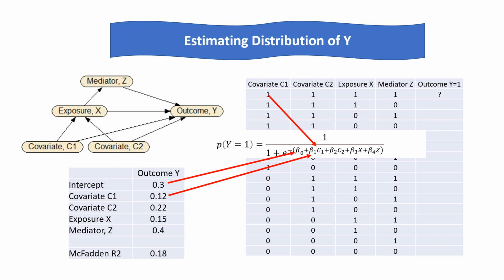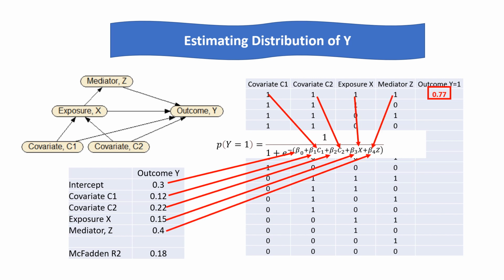If we are evaluating the regression for the first row, then C1 is present and its value is 1. The coefficient for C2 is 0.22. Since we are evaluating the regression for the first row, C2 is present and has the value of 1. The regression is evaluated for all the values in the row, yielding a probability of 0.77.